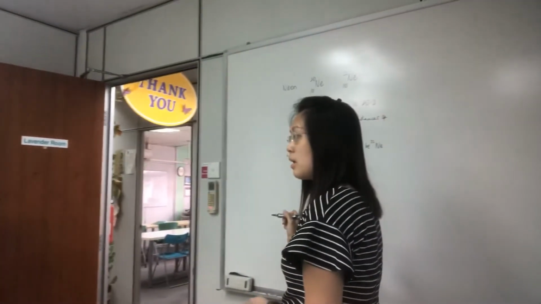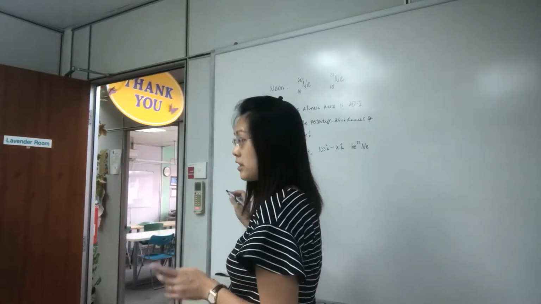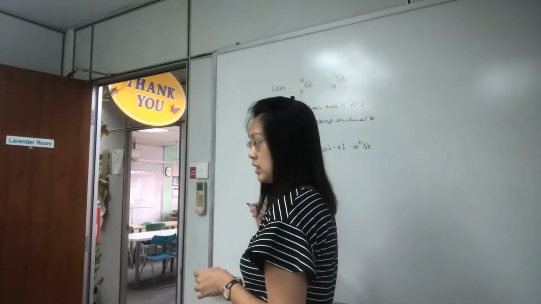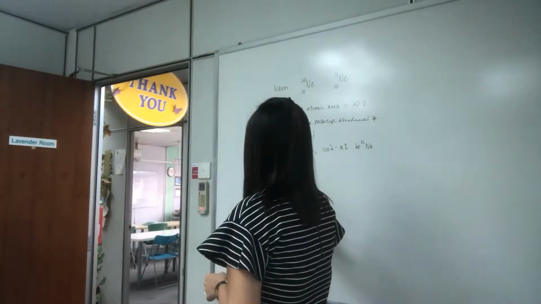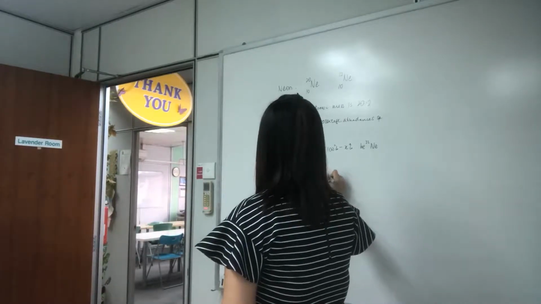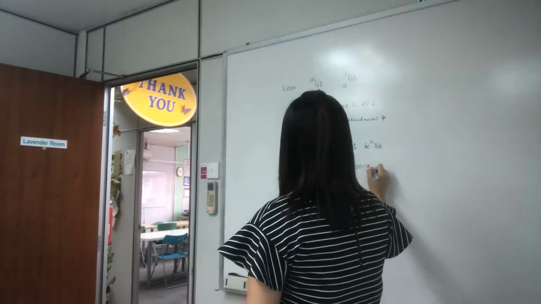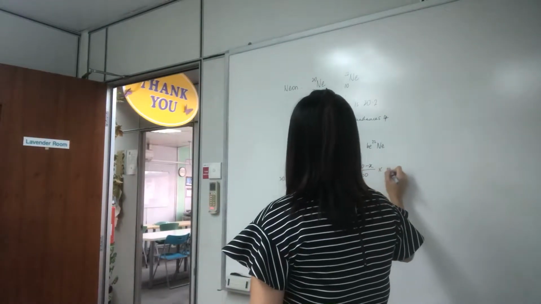You see that? Then you form an equation in terms of x and solve for x. Like this: 20.2 equals x over 100 times 20, plus (100 minus x) over 100 times 22.